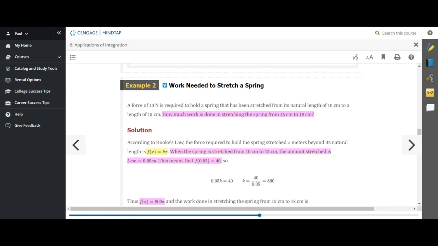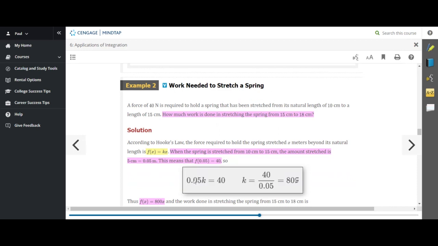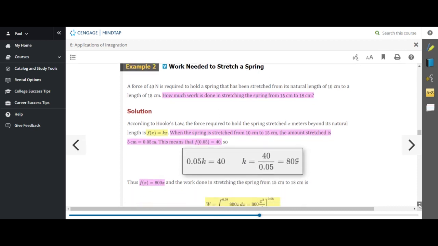Based on that, we can determine that K is equal to 800. It doesn't come out in the ebook, but K is 40 divided by 0.05, and that's 800. And so now we're able to find the work done in stretching the spring.